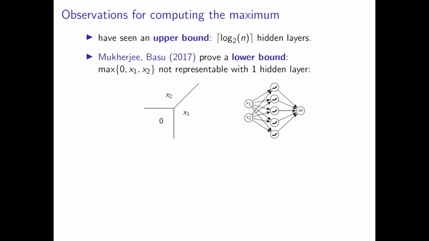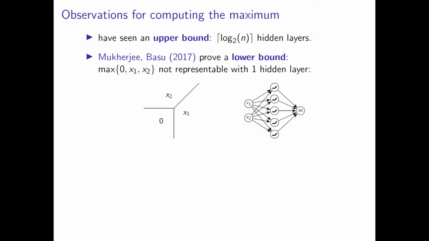Now, if you have a one hidden layer ReLU neural network, it's just a sum of several of these neurons. So basically, this set of pieces will always be the cells of a hyperplane arrangement for a one hidden layer ReLU neural network, or line arrangement in R2 even. But this is not the line arrangement. We have these half rays here. So you cannot represent this with a one hidden layer ReLU neural network.